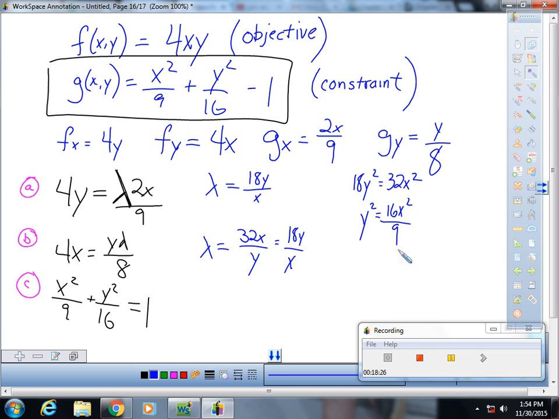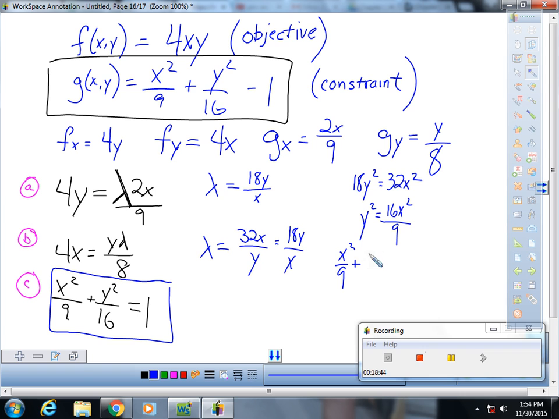Is that right? So now, to solve for all three of our variables, you would take this and eliminate the y, so you get x squared over 9 plus... oh, look what's going to happen.